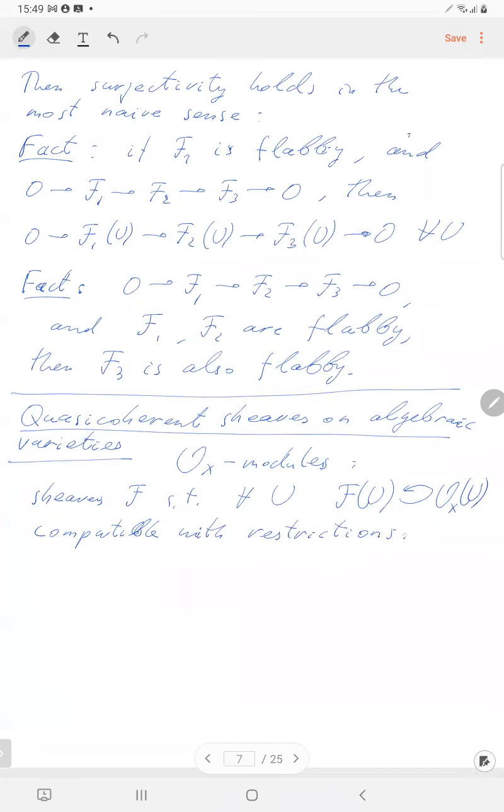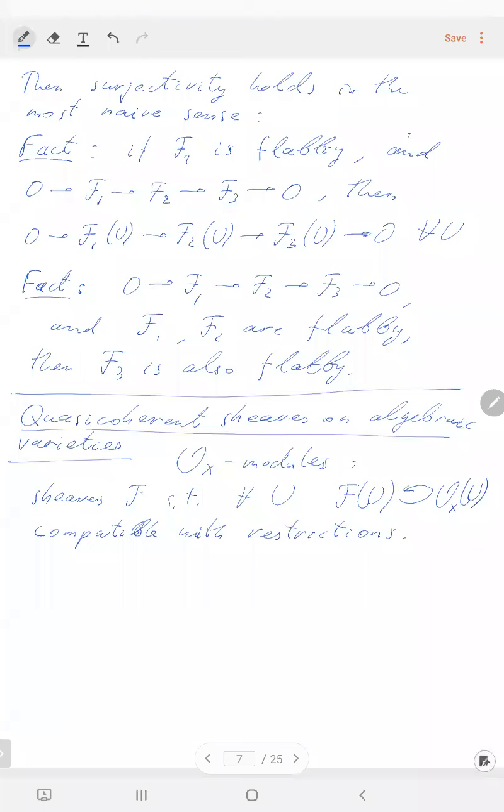So when I say in short just OX-module, I mean that we are considering a sheaf of OX-modules in this sense. But our shortcut will be just OX-modules.